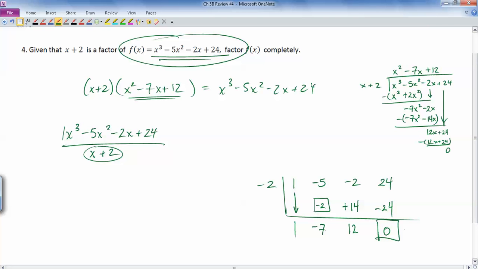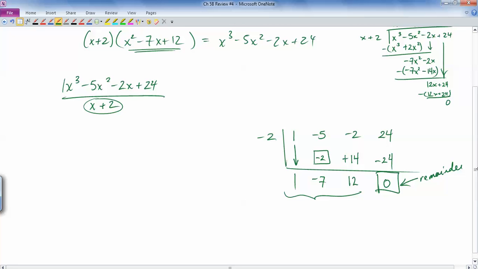You might remember that's the remainder. And these numbers tell you what the actual division problem gives you. You can work your way backwards. It's 12, and then the next term would be the x term, so minus 7x, and then the first term here would be 1 power up, x squared. If there was another term in front, then it'd be an x cubed term.